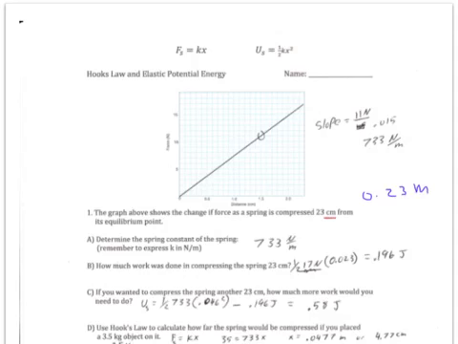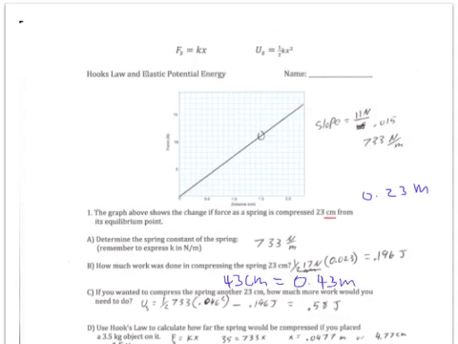You could still solve for this, taking 1/2 of k and multiplying by the square of this value here. So let's try C. If you want to compress the spring another 23 centimeters, what that really means is I'm compressing it 43 centimeters, which is the same thing as saying 0.43 meters.